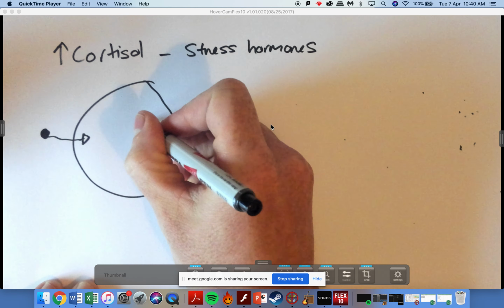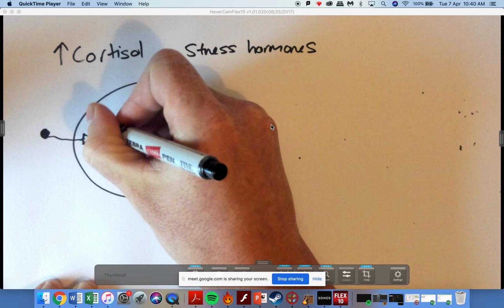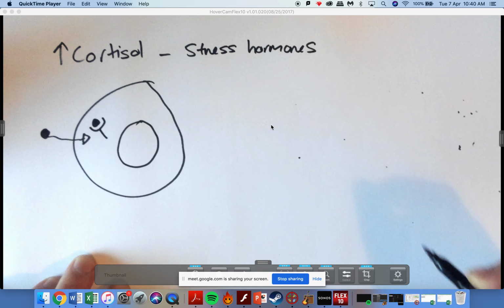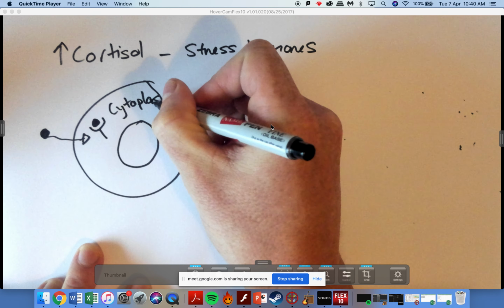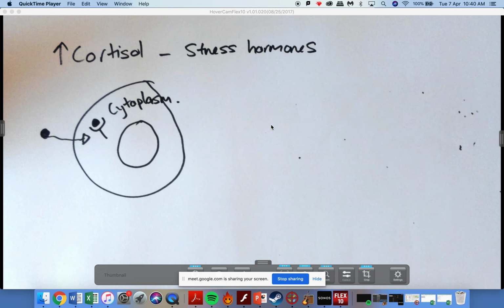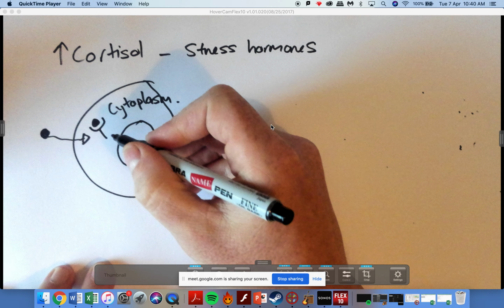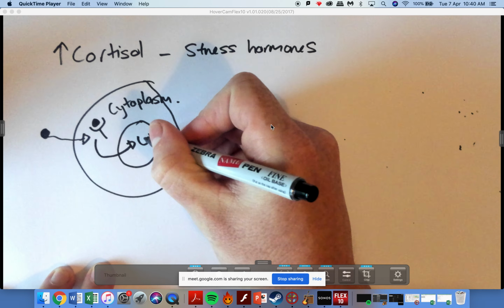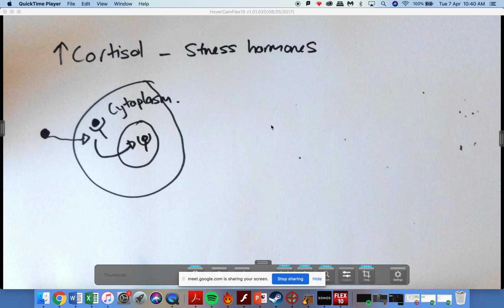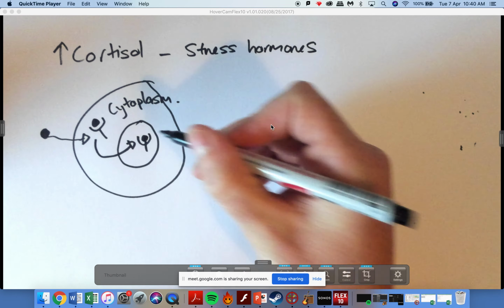And this one, cortisol forms a receptor hormone complex, and this time it does it in the cytoplasm. So it's forming a receptor hormone complex in the cytoplasm, and then that complex will be moved into the nucleus. If it's not in the nucleus, it can't really affect what's happening with the genes.